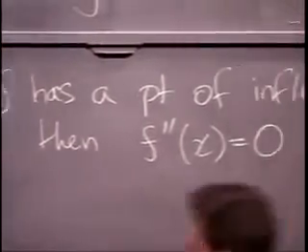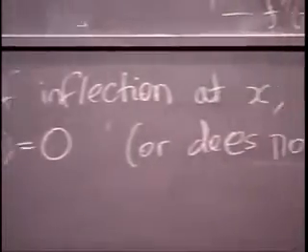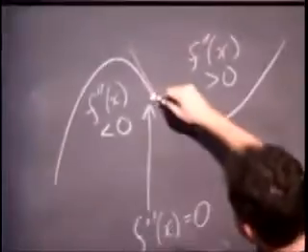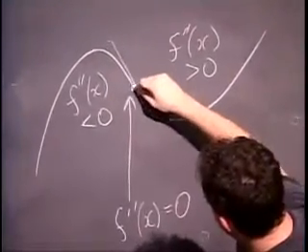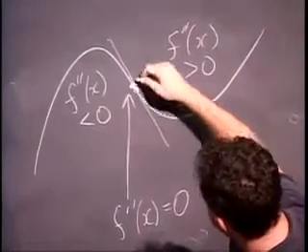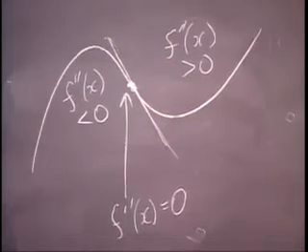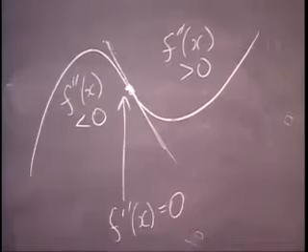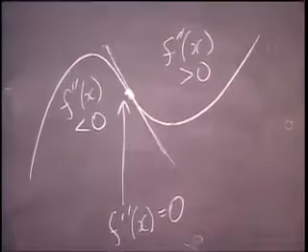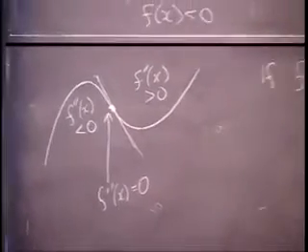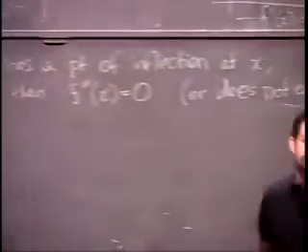And it's characterized by the fact that the tangent for a concave down curve is above the curve, whereas for a concave up curve, it's below the curve. So this tangent line here actually passes through the curve. So if the second derivative exists and you have a point of inflection, that can only be when the second derivative is 0.